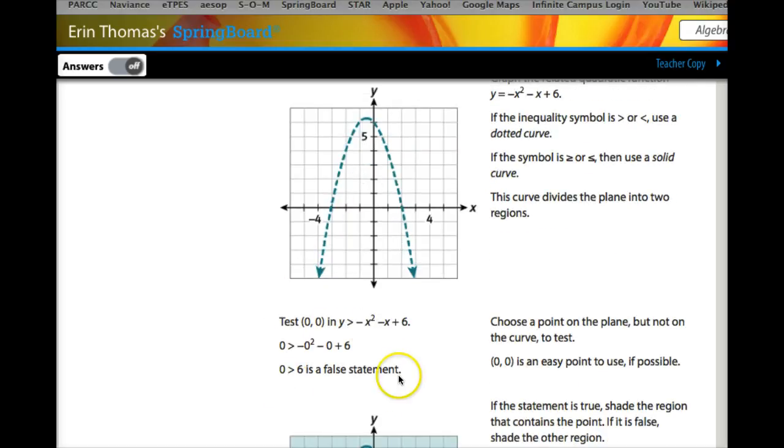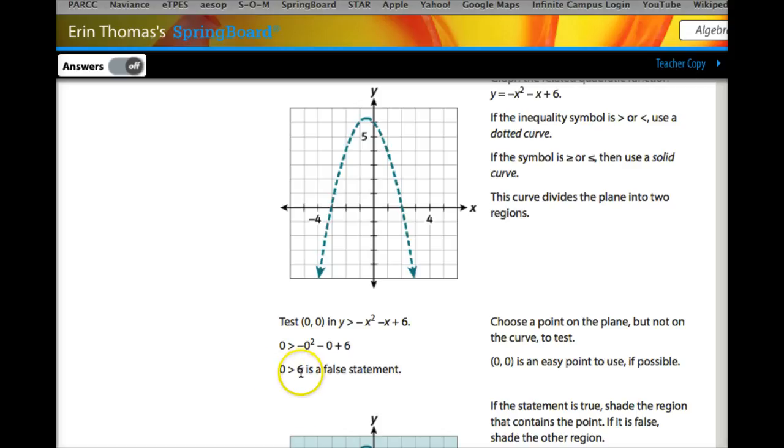The last thing that's different here in this section is that you have to shade. So the best way to know which way to shade if you're doing it by hand is to pick a point. I almost always pick 0, 0 unless it's on the boundary line. You have to pick something that's either completely outside the parabola or completely inside. So I usually pick 0, 0.